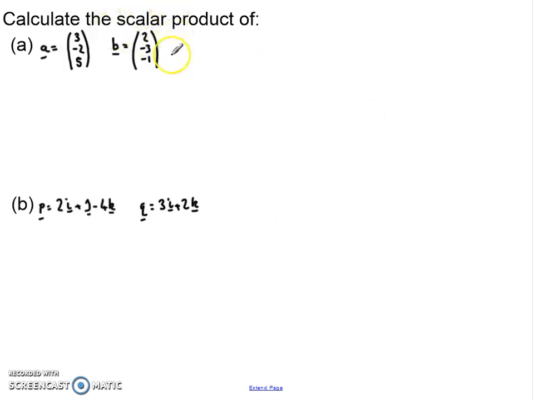A couple of examples just to show you exactly what I mean. I want to calculate the scalar product of these two different things. So I want to calculate A dot B of this and P dot Q here. So A dot B of these two again is A1 B1 plus A2 B2 plus A3 B3.